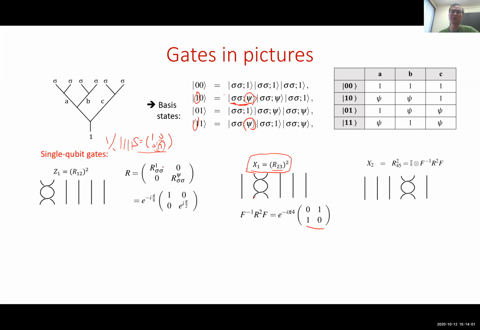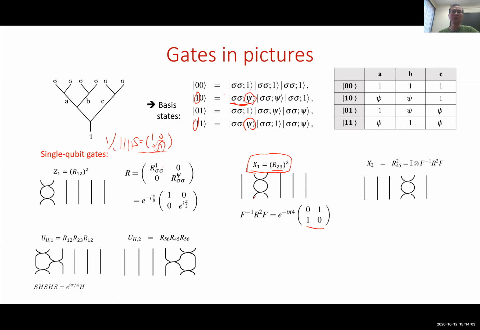Okay, so there are also other gates, but you see a structure: 1 and 2, if you braid these, there's a Z gate. If you braid this, this is an X gate, right? If you braid it twice.